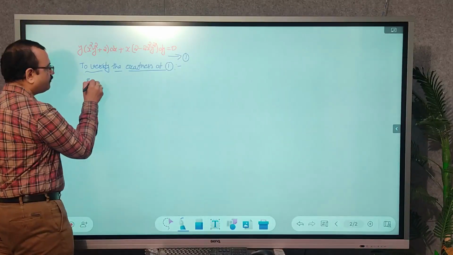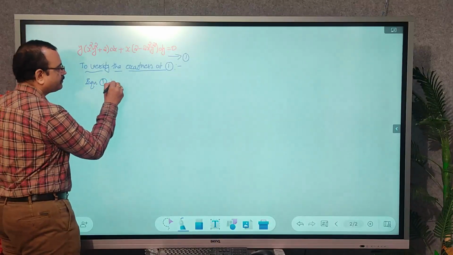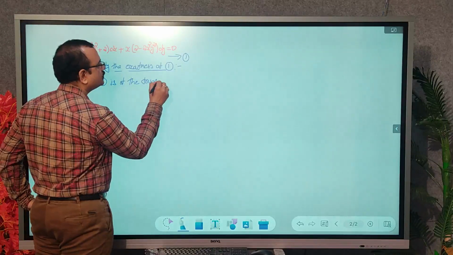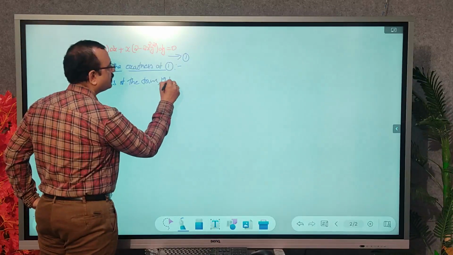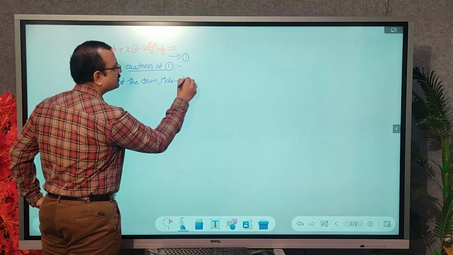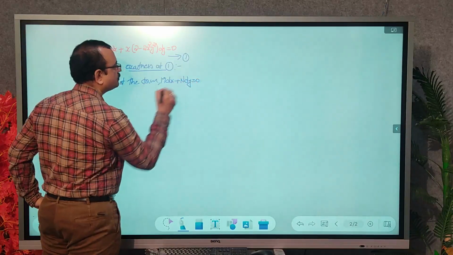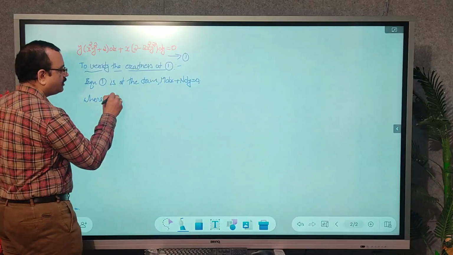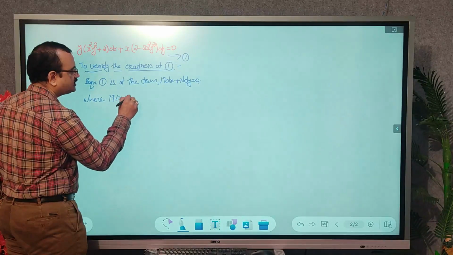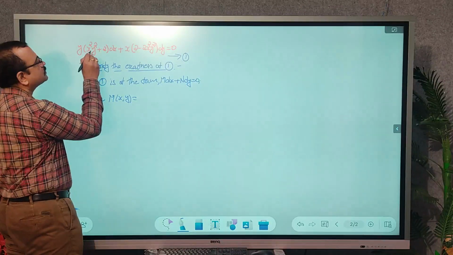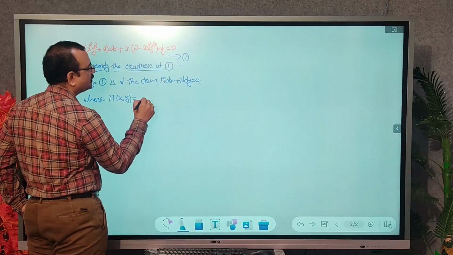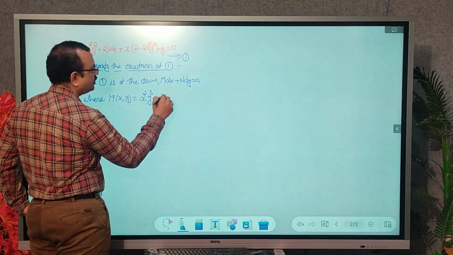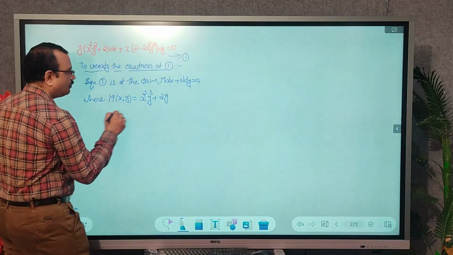So equation 1 is of the form M dx plus N dy is equal to 0, where M is equal to, what is M here? y into (x square y square plus 2), so multiplying this out we get x square y cube plus 2y.